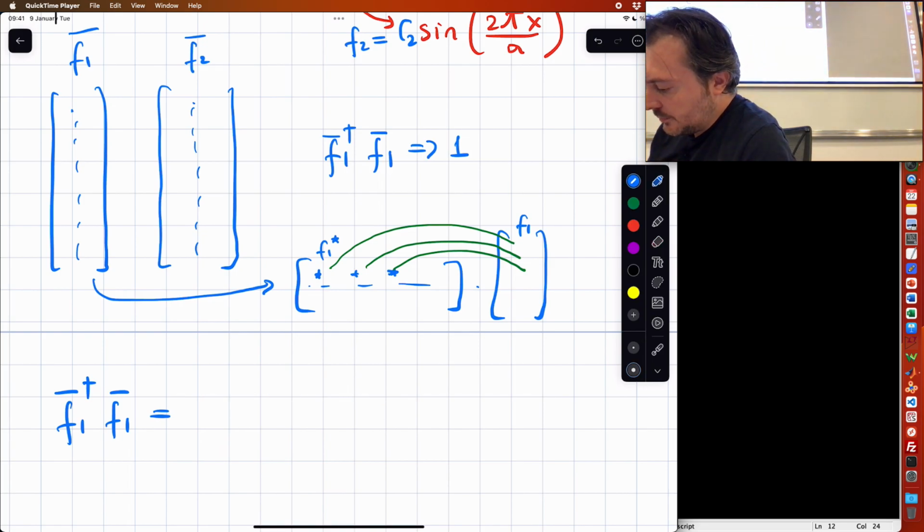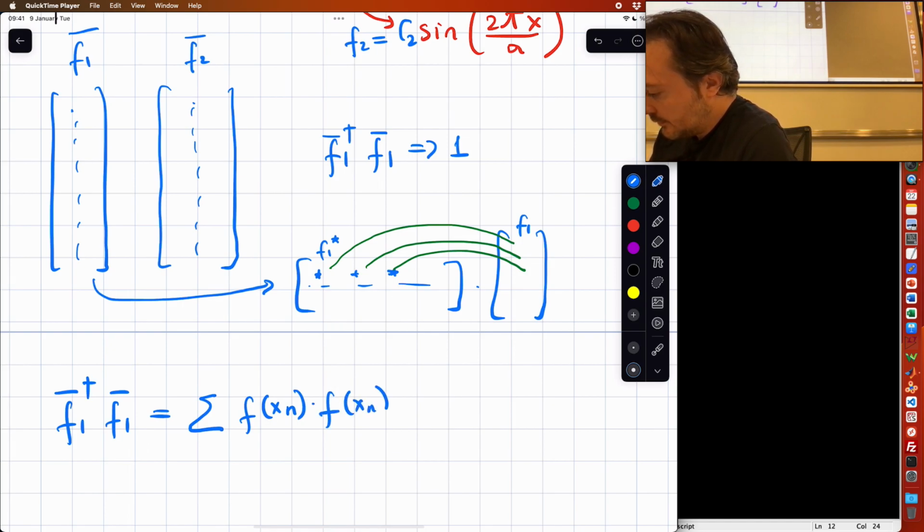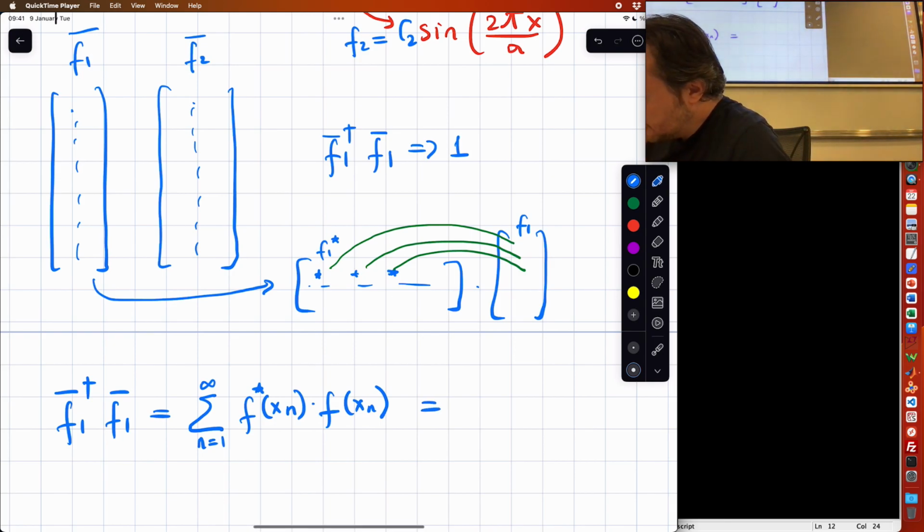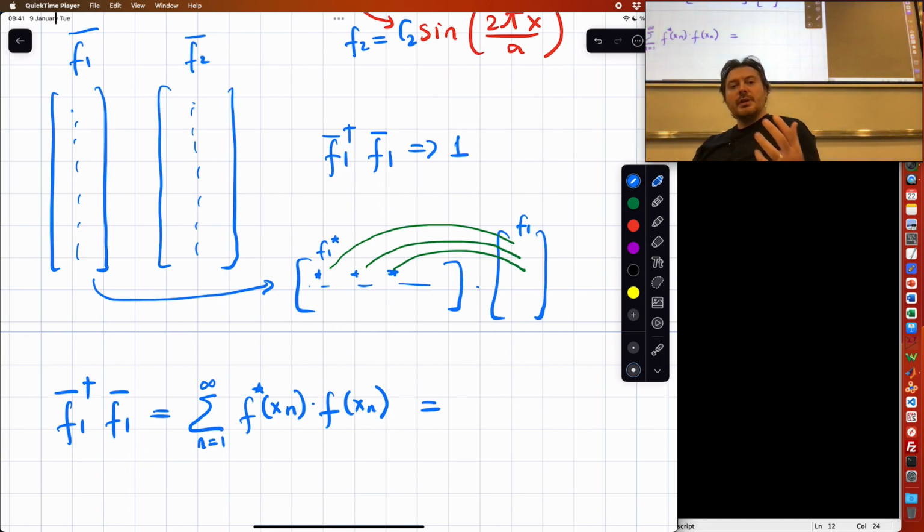Isn't this going to be the summation of f at x_n times f at x_n, going from 1 to infinity? Isn't it the case? Yes? Does everyone agree? What is this? It's an integral, right? You know that a summation can always turn into an integral, right?